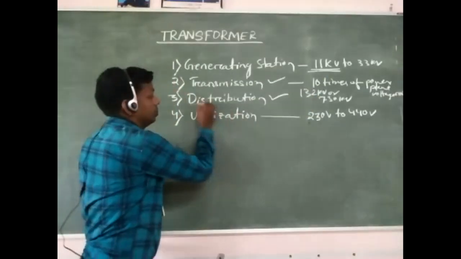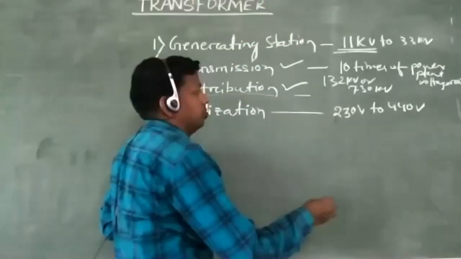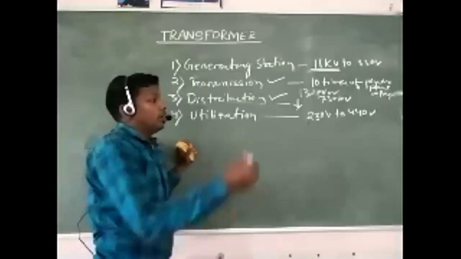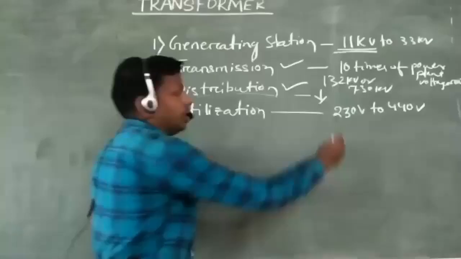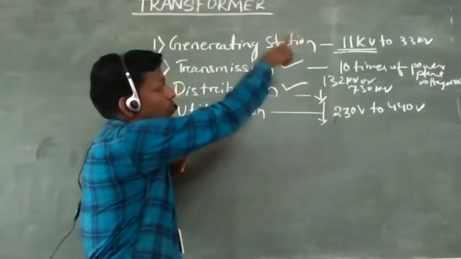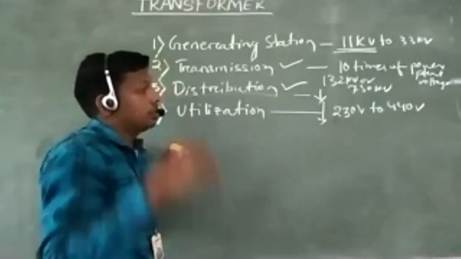Again, for distribution purpose in the grid substation, it is brought down, stepped down. For utilization purpose, again it is brought down. So you can see that in four steps, the voltage is stepped up somewhere and stepped down elsewhere.